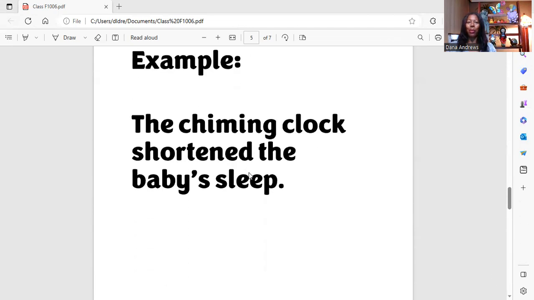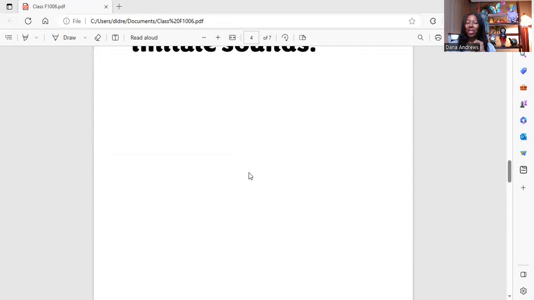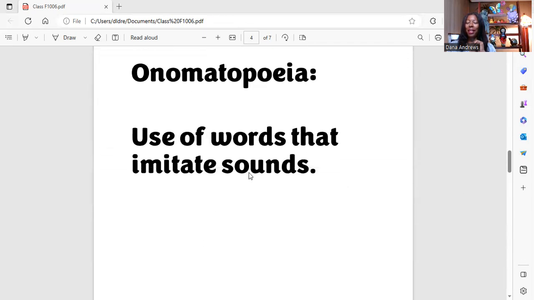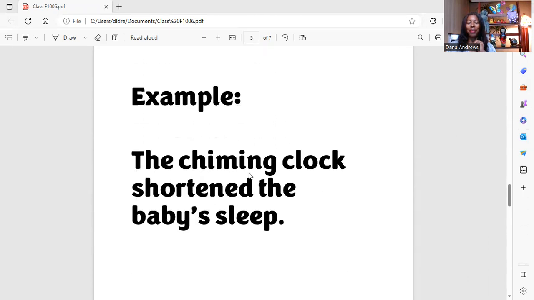Here's a wonderful example. The chiming clock shortened the baby's sleep. Oh no. I don't think mom or dad will be happy about that, shortening the baby's sleep. But that is the use of this figurative language tool using various words. Now, again, let's just look at that again. Use of words that imitate sounds.